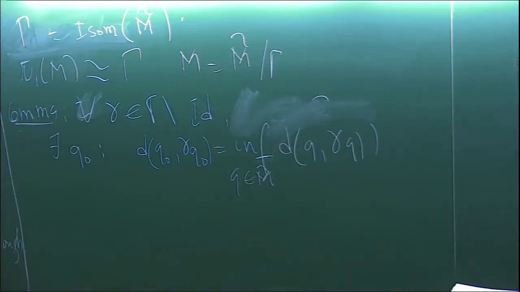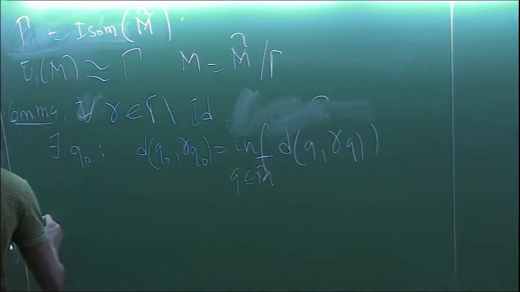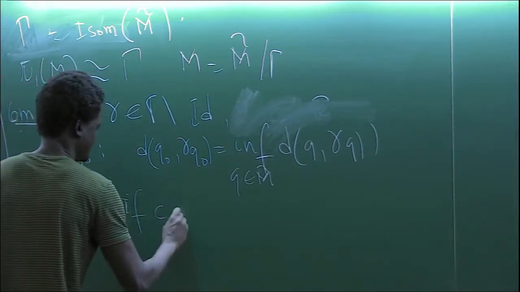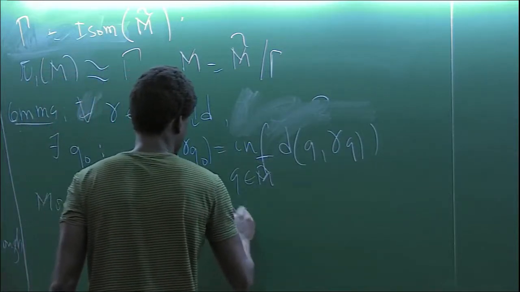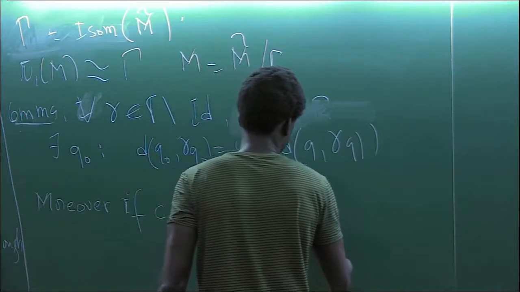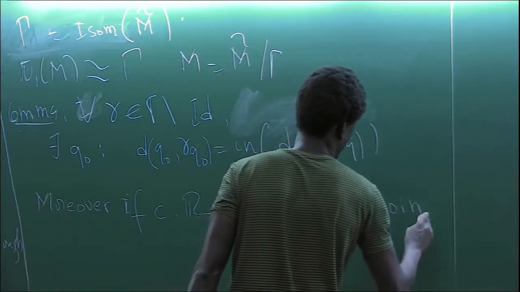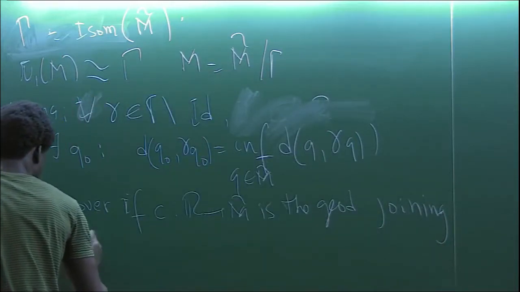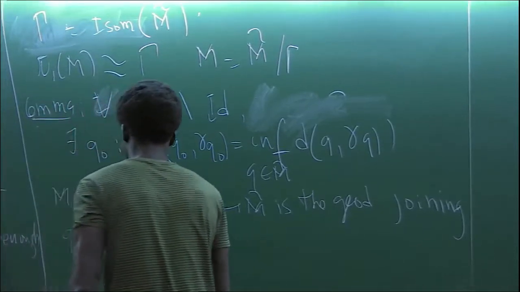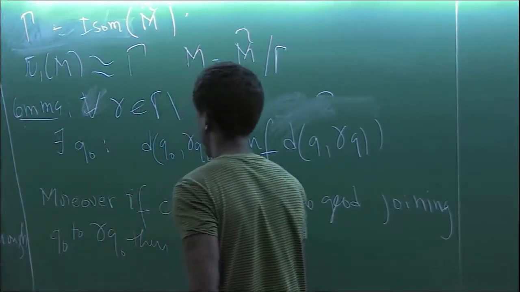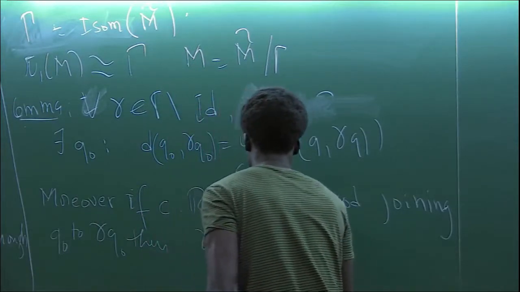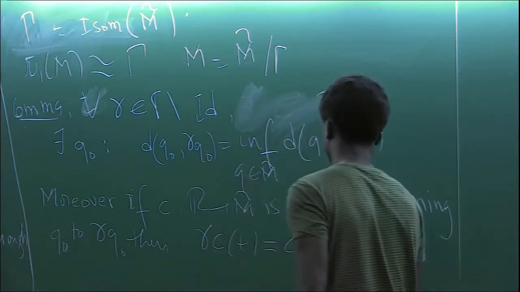Like there is a point that realizes the infimum, and moreover, if C from R to M tilde is a geodesic joining Q0 to gamma of Q0, then C is left invariant by gamma, like gamma of C(t) equals C(t) plus this quantity.